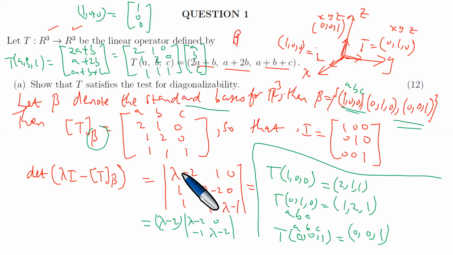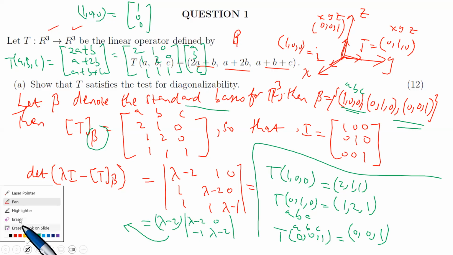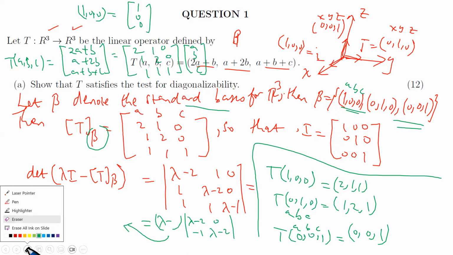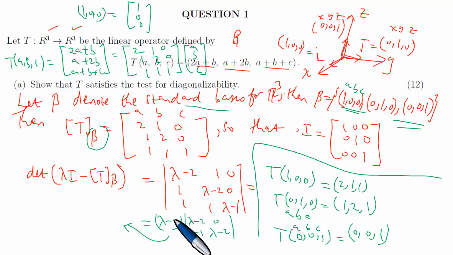After this, you can expand. My point is you can expand this one along your row of choice. So you can have -1 here, -2, 0, that. So you can decide to expand along that.